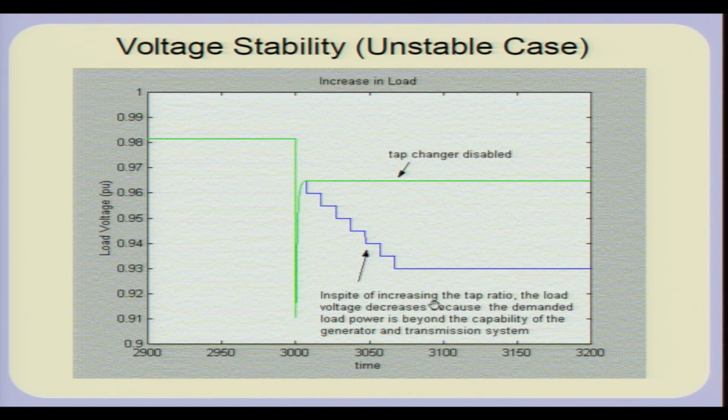That is because the X of the transmission system and the synchronous generator become very large. So, in fact, if you have the transformer tap changing mechanism operating, it will go on increasing the tap, but it will have exactly the opposite effect of reducing the voltage at the load. On the other hand, if you simply disable the tap changer, you are in a better situation.